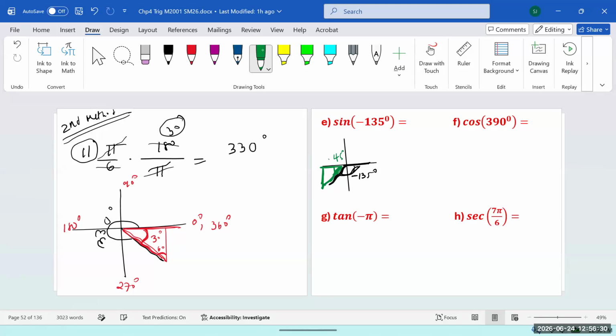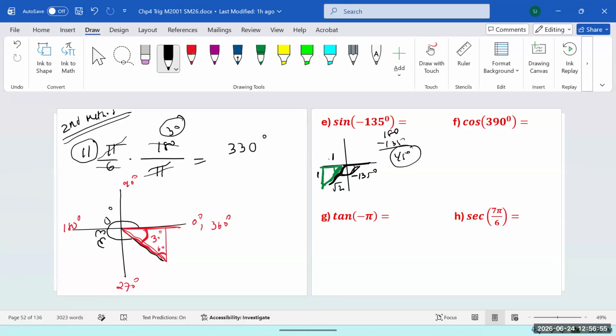So this is 1. Let me erase my 45 degree here and let's write it here. 180 minus 135 is 45 degree. So this length is 1, this length is 1. And how much is the hypotenuse? Square root 2.